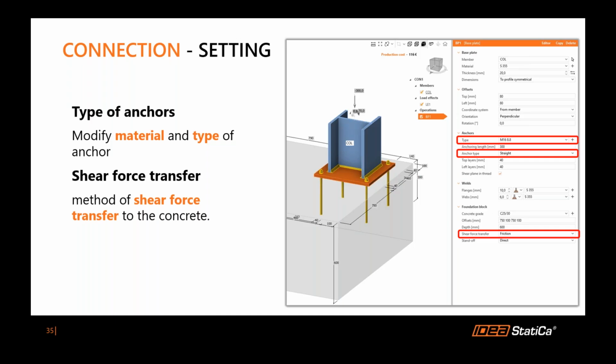You can define the anchors by the type of the anchor, with the geometrical shape and type, the anchor type, and the shear transfer force can be transferred with three devices: friction, anchor, or a shear lock.